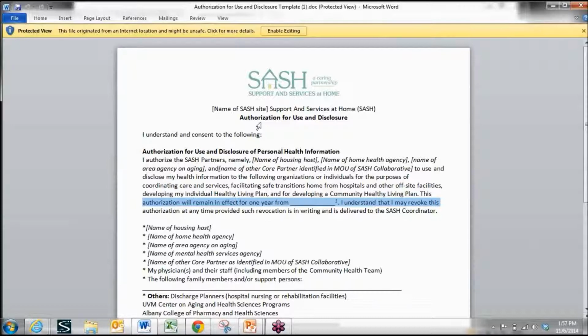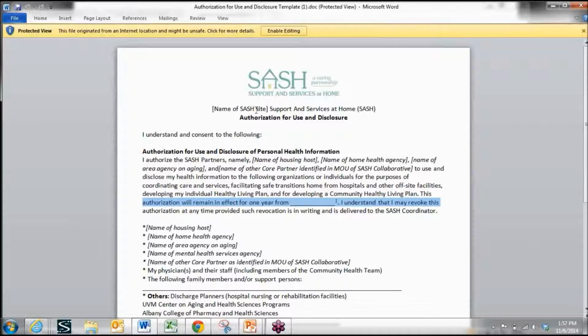I think sometimes people understand this form better when I call it a consent, because your participants are consenting to the information sharing between organizations. Again, you want to make note here that this is a fill-in-the-blank type of form, so you want to go ahead and save this. Put it in a folder that you have for SASH participation forms and get your master document set up.